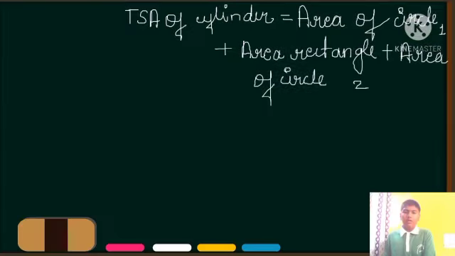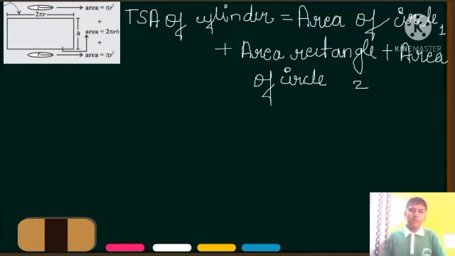This is the figure that we saw in our previous slide, and we'll derive the formula with this one only. So the TSA of the cylinder will be the area of circle 1, added to the area of this rectangle and the leftover circle, that is, circle number 2.